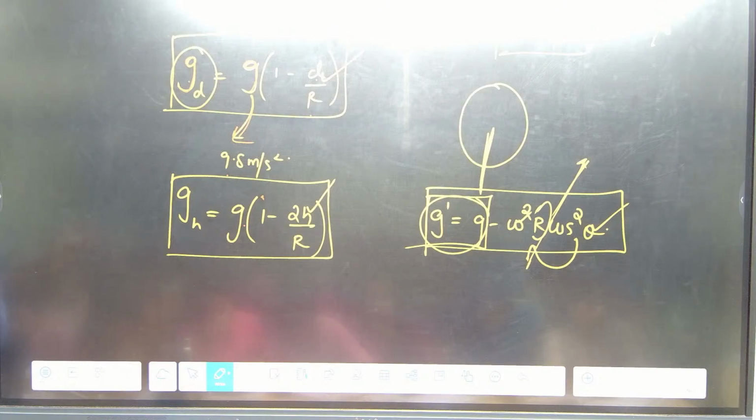At the equator, theta is equal to 0 degrees, which means cos 0 is 1. So in brackets you can write G dash will be minimum.